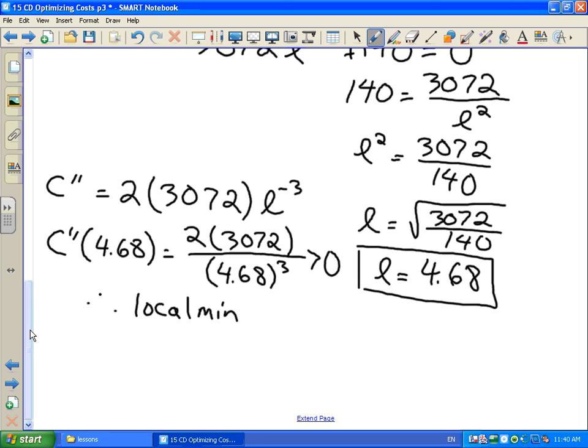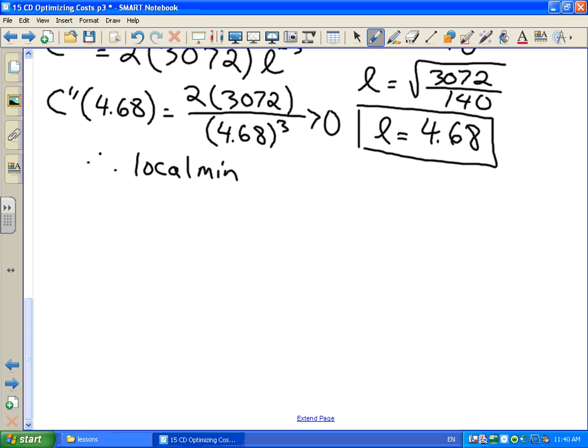Now I just need my width. So how am I going to get my width? Yeah. So I've got my width is 24 divided by my length, 4.68. And I can work that out and I get 5.13. And so we are done here.